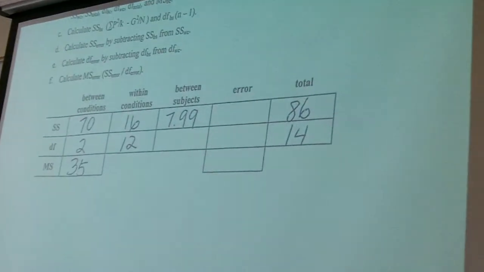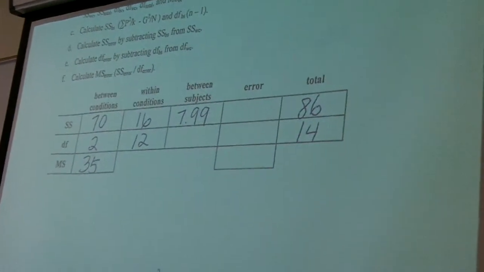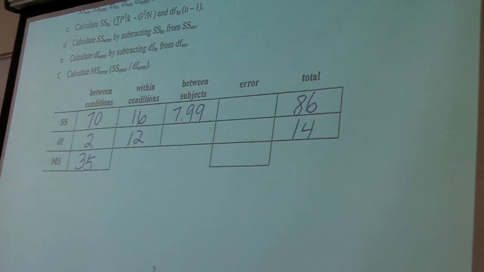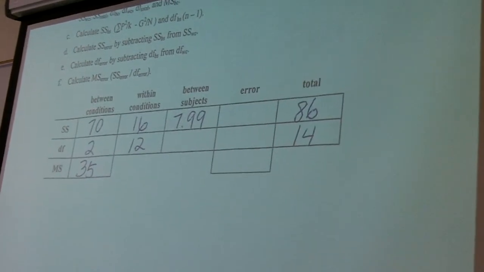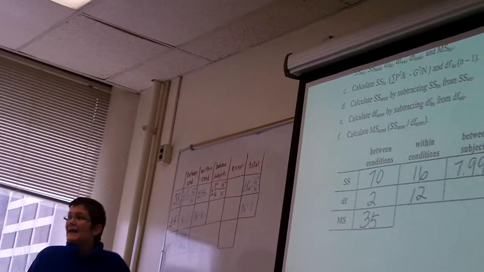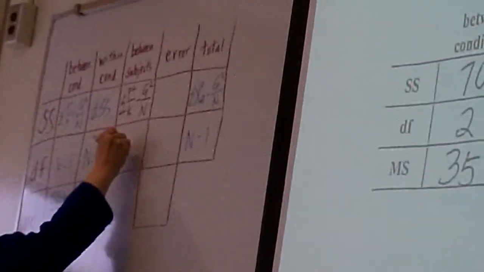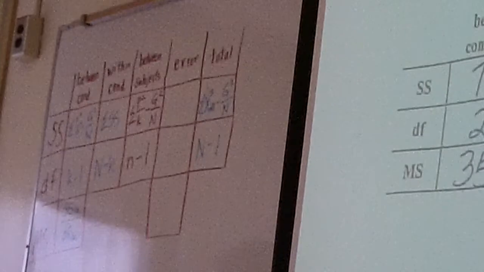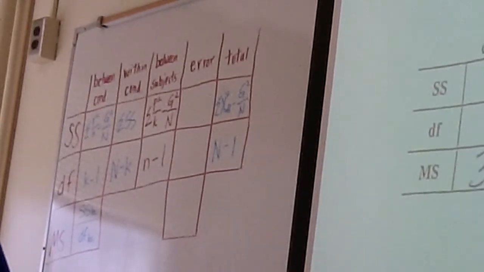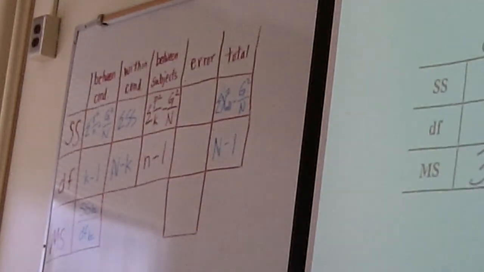Now, our degrees of freedom between subjects has a formula that should be very familiar. N minus 1. Which N do you think it is?